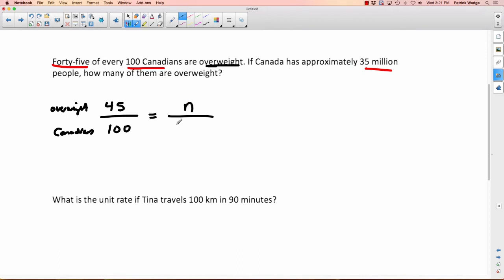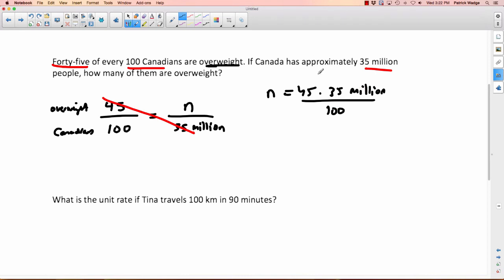We know the total here. It's 35 million, the total number of Canadians. And we're good to cross multiply. Can't do this because of the N, we have to go this way, right? We're multiplying this times this. So in order to get N, we're going to multiply 45 times 35 million and then divide it by 100. If you want, just go 45 times 35 divided by 100 and then slap the word million on the end.